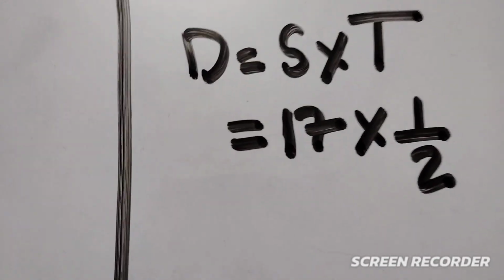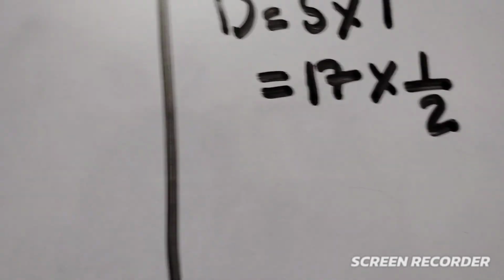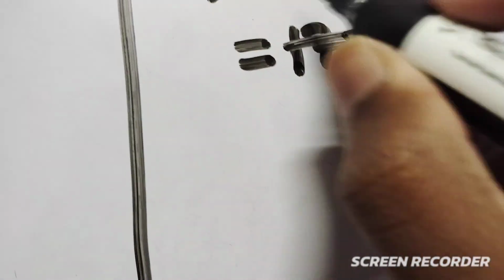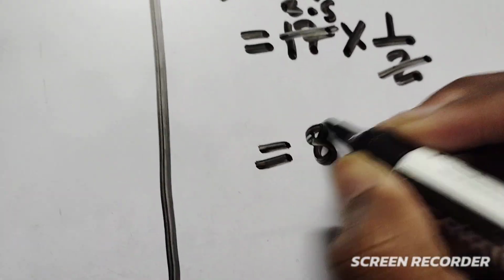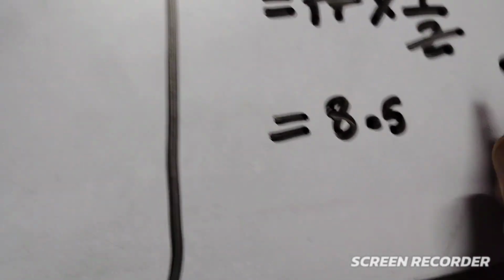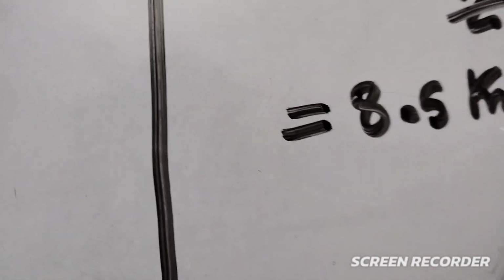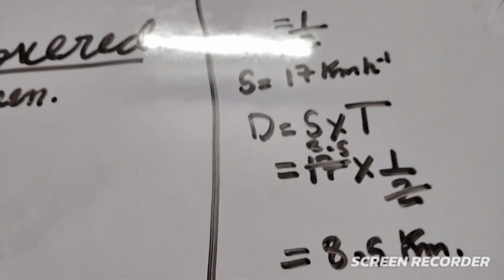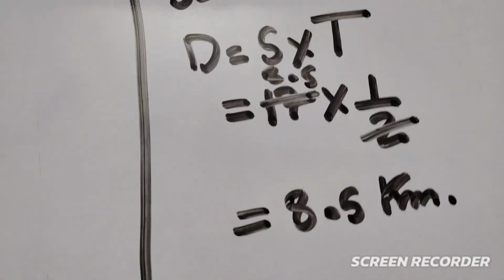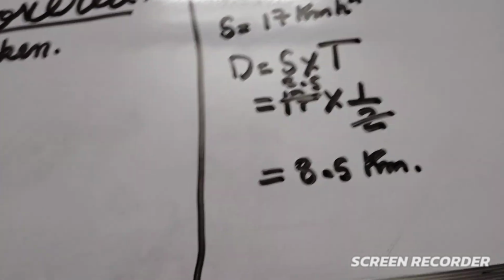Here 2 and 17 will divide as 8.5, so it equals 8.5 kilometer. The distance is 8.5 kilometer.